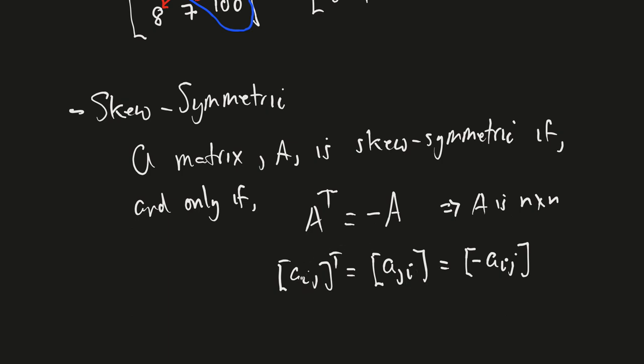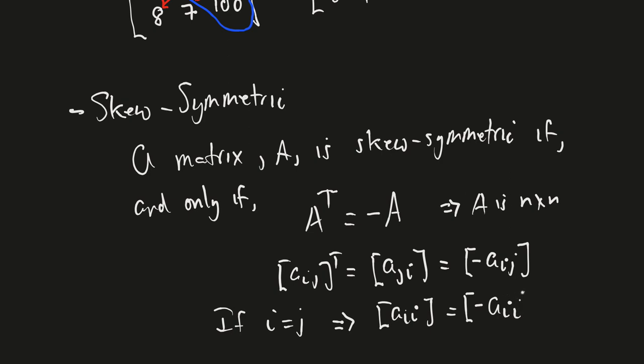The other thing too, think about it. This is true for all i, j. So what happens if i is equal to j? What do the elements on the main diagonal have to look like? Well, if I replace all the j's with i's, the entries in the ii position, like 1,1, 2,2, etc., have to be equal to the negative of those same entries.